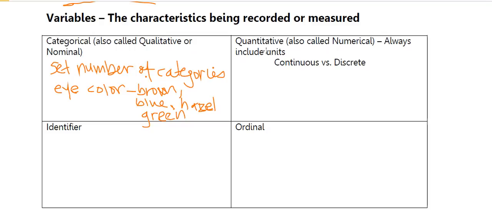Let's go over here to quantitative. Quantitative is also called numerical. So think quantity. Quantitative is quantity, whereas qualitative is quality. Quality would have to do with the color, names of the colors. Quantity is a number.